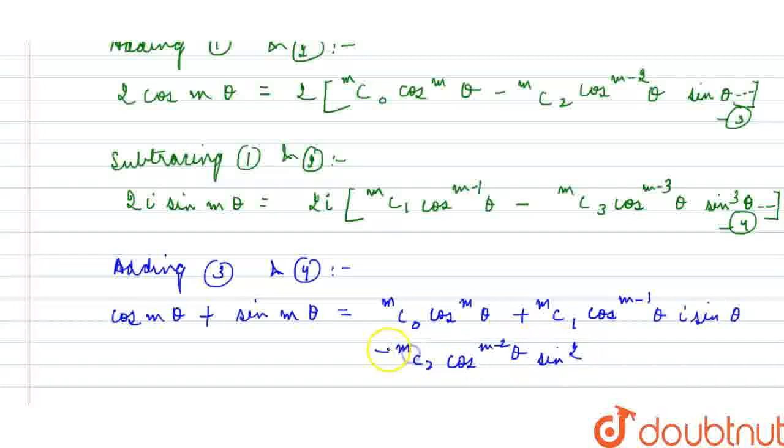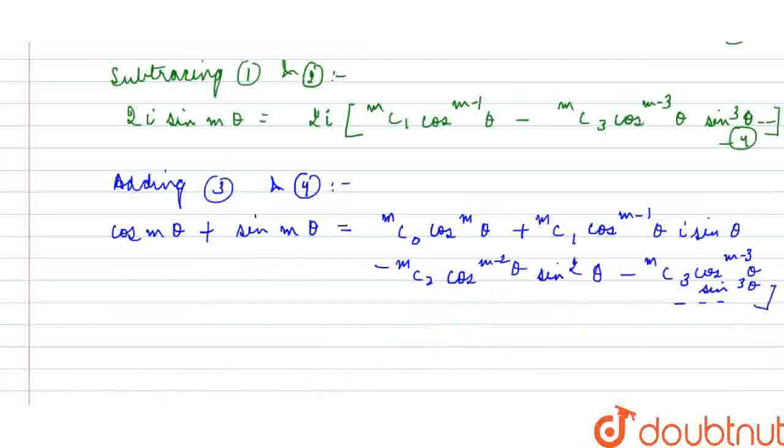I've taken iota square as minus 1, so I've taken its sign outside, and similarly like that, minus mC3 cos^(m-3) theta sine cube theta, and this series goes like this.